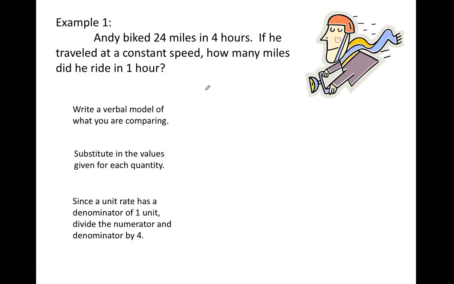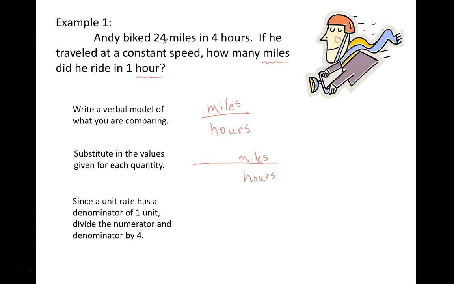The things that we're comparing are how many miles did he ride in hours? And so miles over hours. Now that we have our units, miles and hours, let's just plug in the values that they give us.